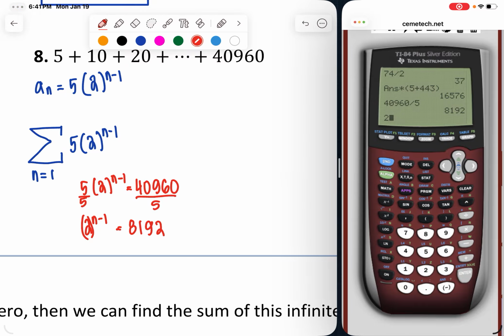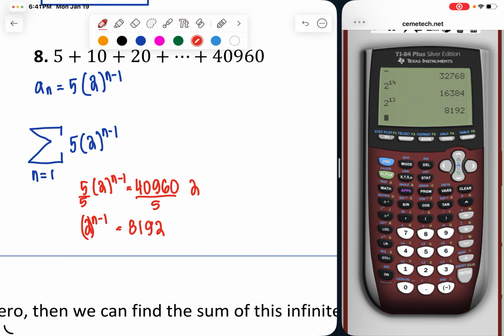I'm going to say 2 to what power gives me that number. I'm going to try 15th power. I'm too high. So 2 to the 14th power, and I'm still too high. So 2 to the 13th power. And there we are. So this right here is 2 to the 13th power.